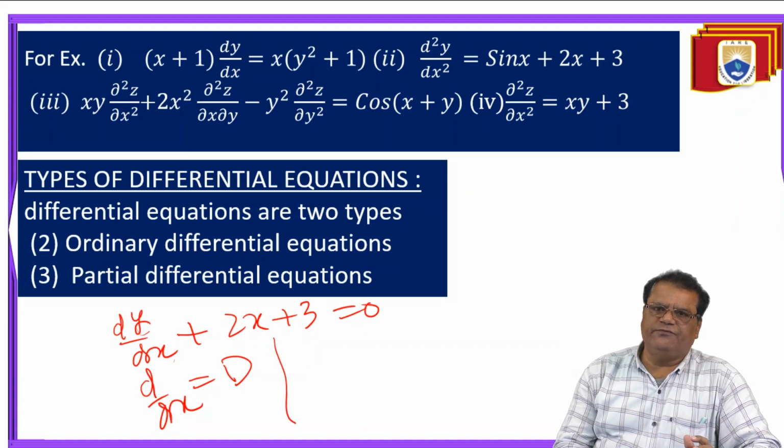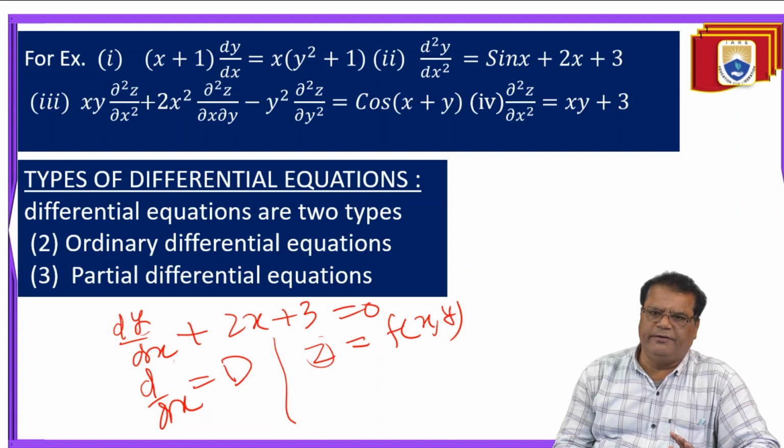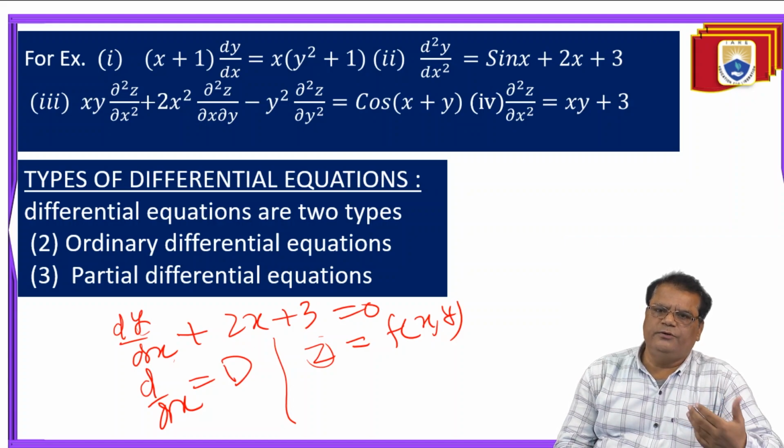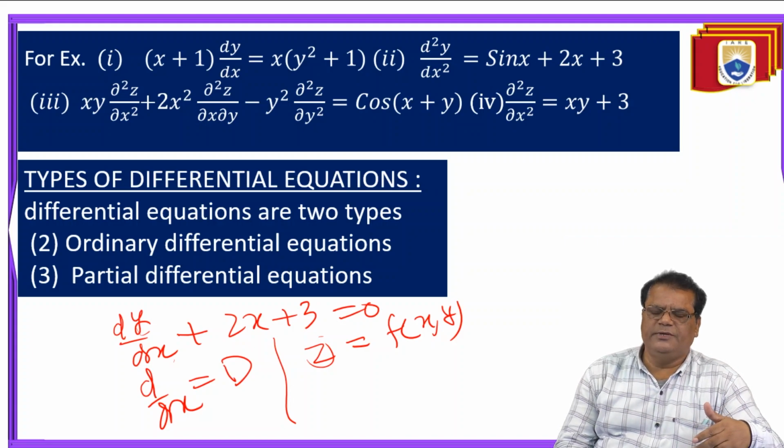Now in a partial differential equation, there is one dependent variable and more than one independent variable. Here the function is z equal to f(x, y). So here z is the dependent variable and x and y are two independent variables. But there may be more than two independent variables, that is 2, 3, 4 up to n.